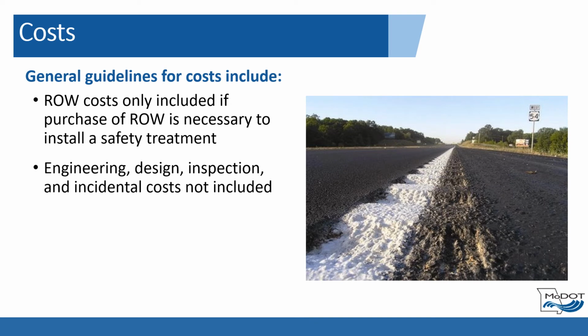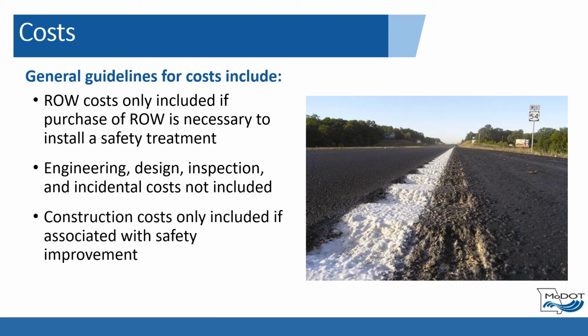Typically, engineering, design, construction inspection, and other incidental costs are not included, even for projects that are entirely safety improvements. Only construction costs associated with the safety improvement should be included in the cost analysis. If shoulders and rumble strips are being added during a resurfacing job, costs associated with the resurfacing should not be counted.